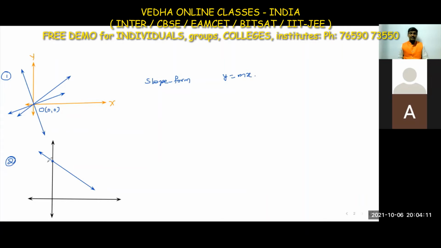For example, the line intersects the y-axis at c with slope m. We know the slope and y-intercept. This is the slope intercept form.